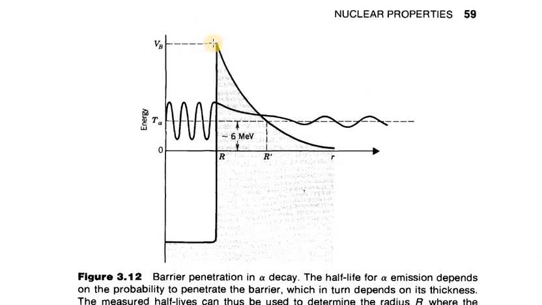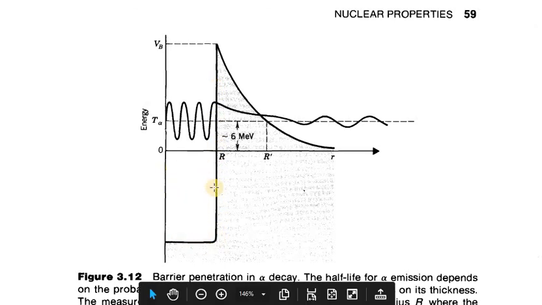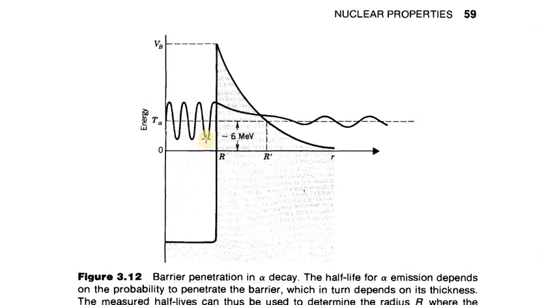This is figure 3.2. You can see that this vertical line and this region represents the nuclear force region. The alpha particle is trapped inside the nucleus. This is the Coulomb barrier potential, and this line represents the kinetic energy of the alpha particle.